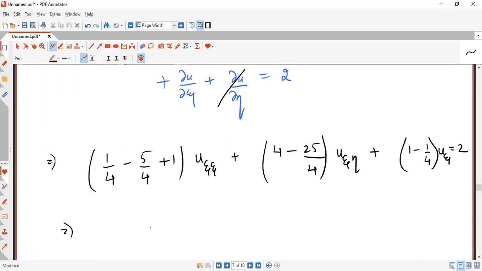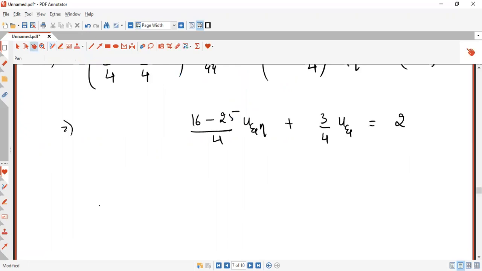This will get cancelled. This will become 16 minus 25/4 u eta plus 3/4 u z equals to 2. Take LCM. 3 u z minus 9 u eta equals to 8. Right?